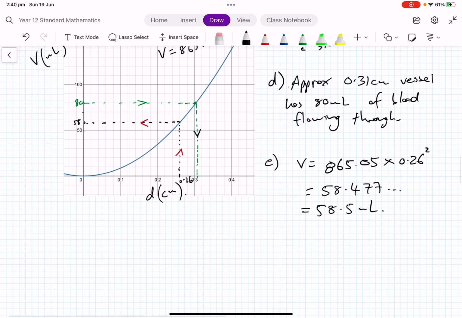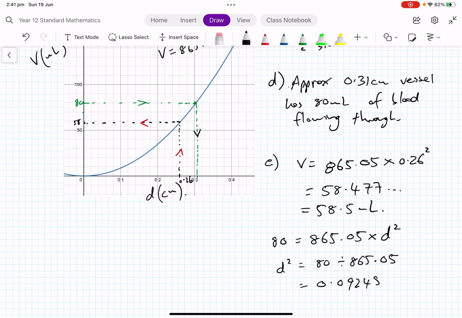And then the other one is saying, if I have 80 milliliters, my volume is equal to 865.05 times D squared. In this case, D squared is going to be 80 divided by 865.05, because we're dividing both sides, and that's 0.09248 and so on.